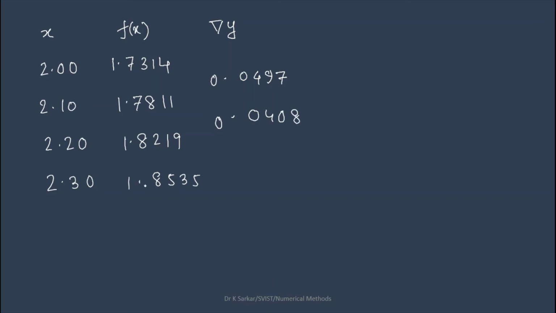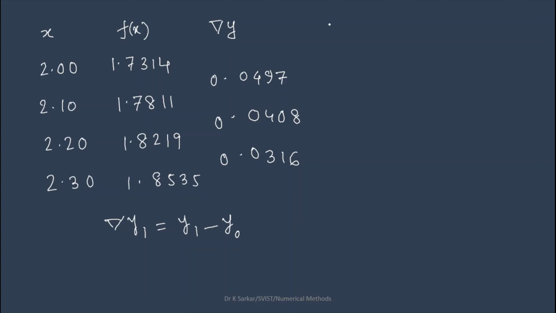Next, subtracting 1.8219 from 1.8535 is 0.0316. So here del y1 is y1 minus y0 and so on.